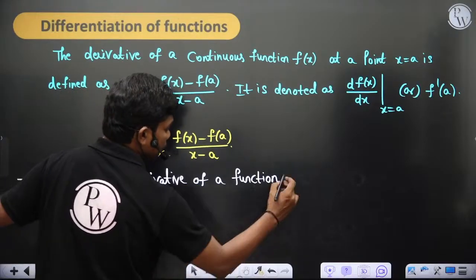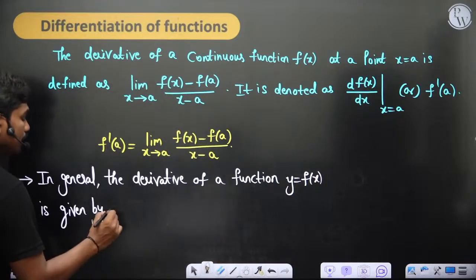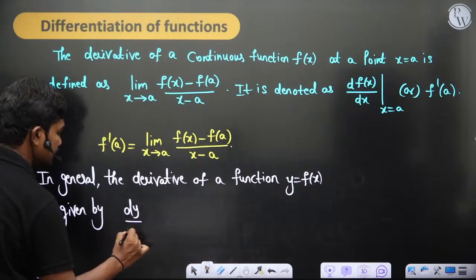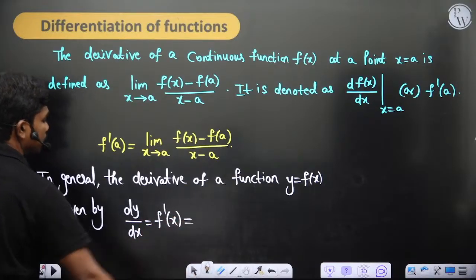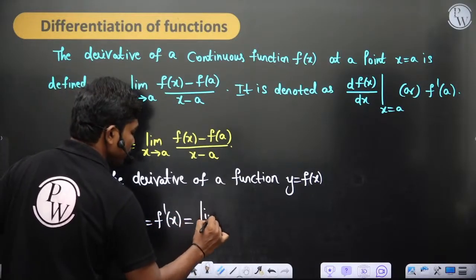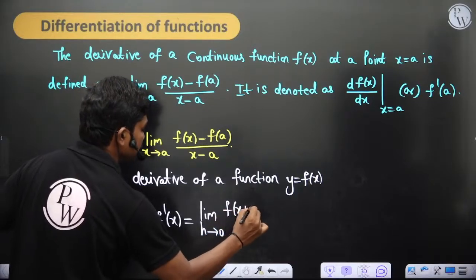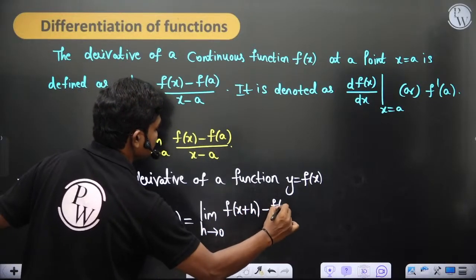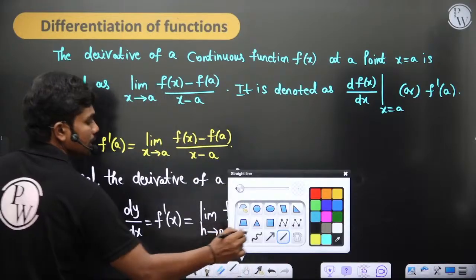let's say y is equal to f of x, some function, is given by dy by dx or f dash of x is equal to limit h tends to 0 of f of x plus h minus f of x divided by h, of course. Okay, so this divided by h.